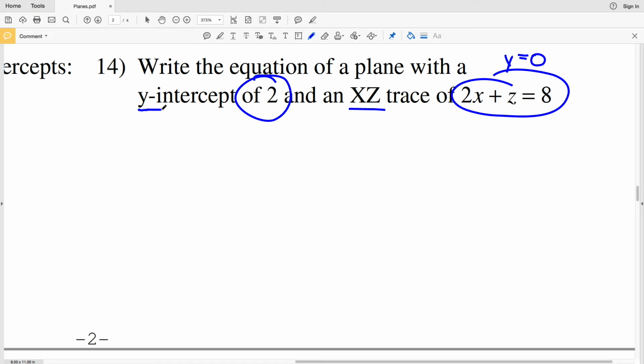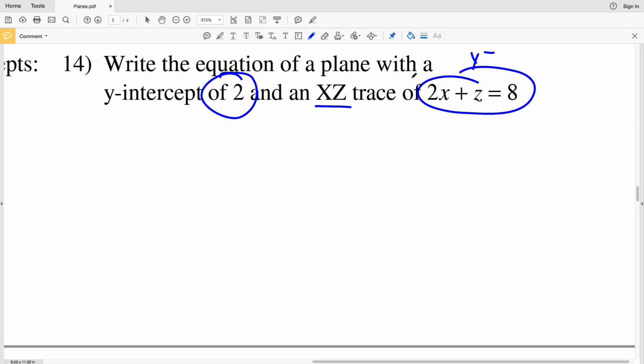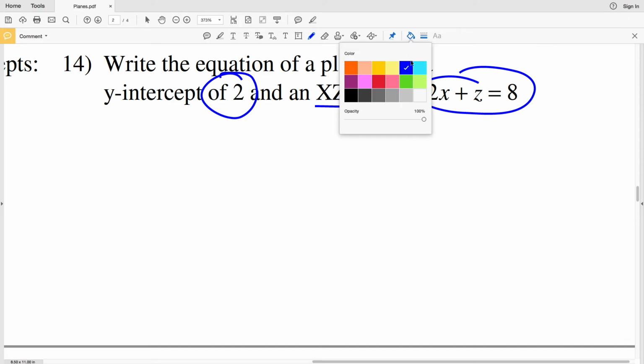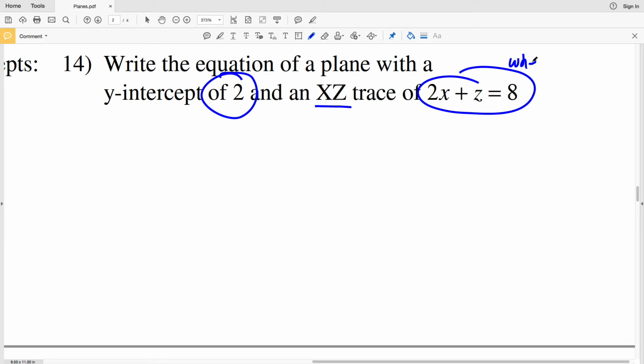However, if we use the fact that our y-intercept is 2, we can first solve for the y-intercept and then be able to plug that value in for that trace equation in order to get the full equation, because remember the trace equation is when y equals 0.